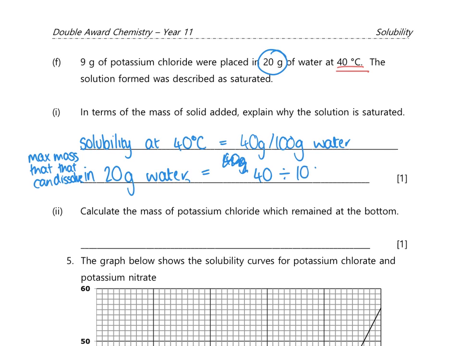Divide by 100 and times by 20. That's the longer way around to do it. Okay, and that gets you 8 grams. And what the 8 grams is, as we said at the start of the line there, is the maximum mass that can dissolve in 20 grams.